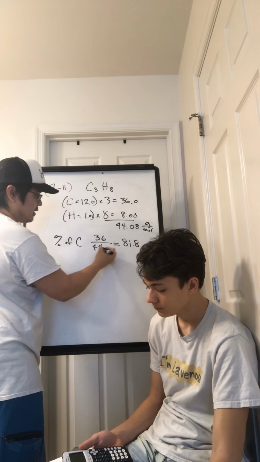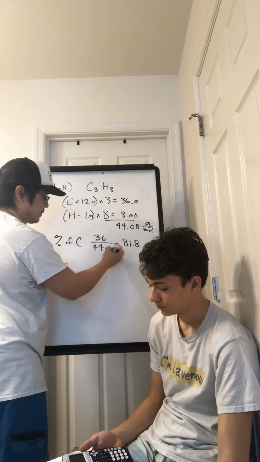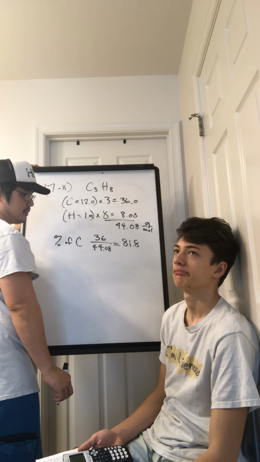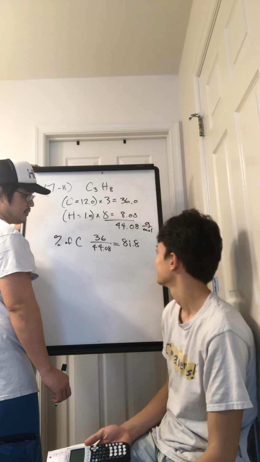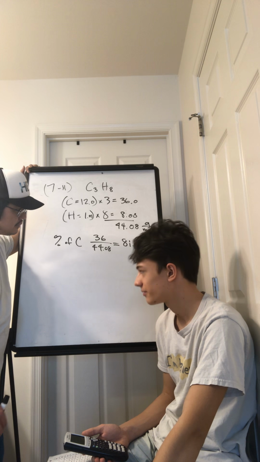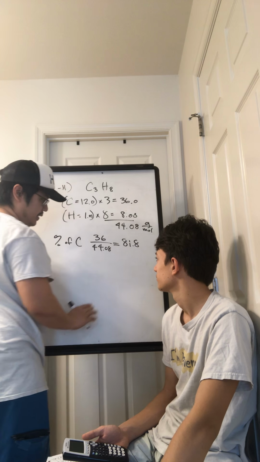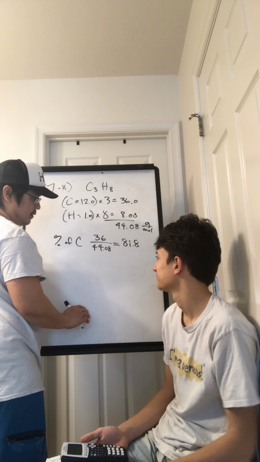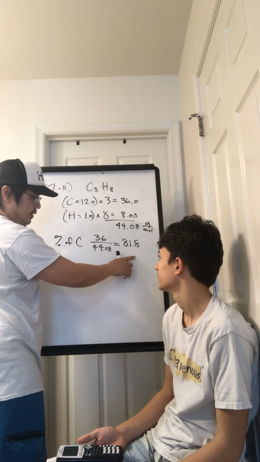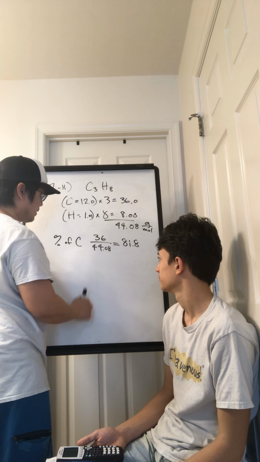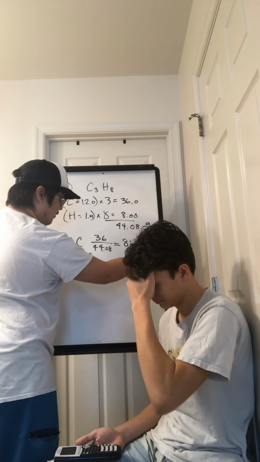Okay, what is 36 divided by 44.08? 81.8%. Yeah. Okay, good. 3 sig figs. That's the percentage of carbon.